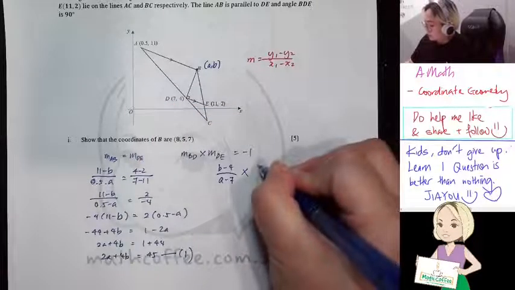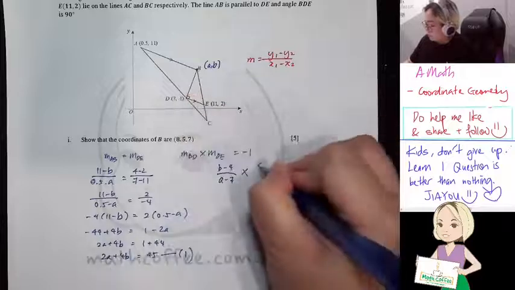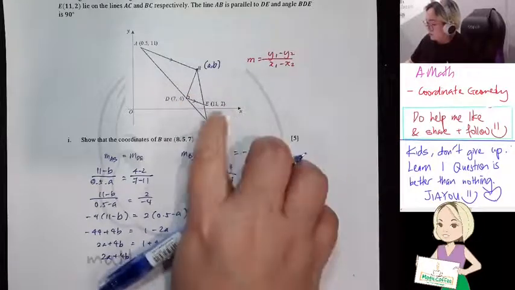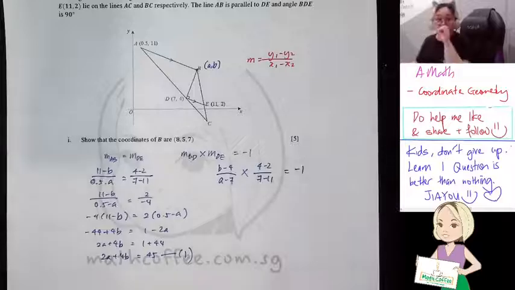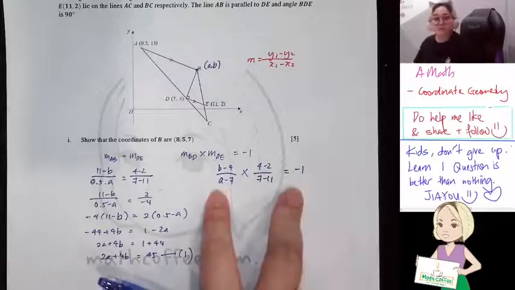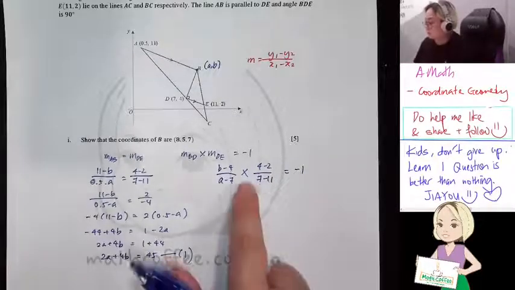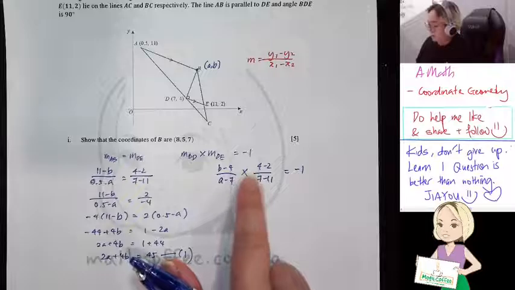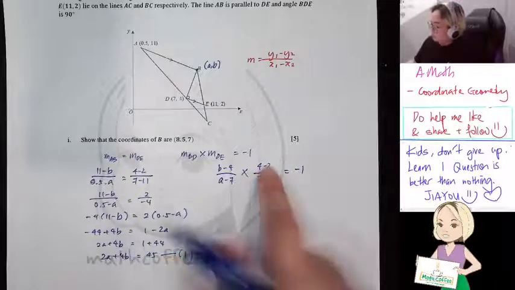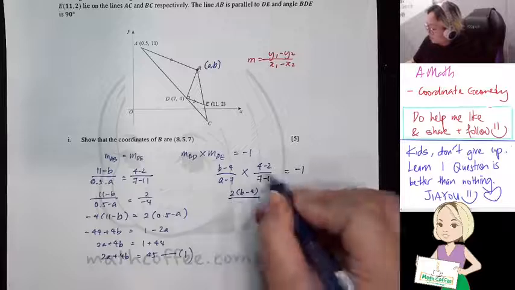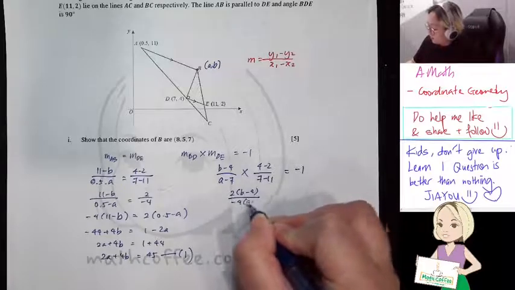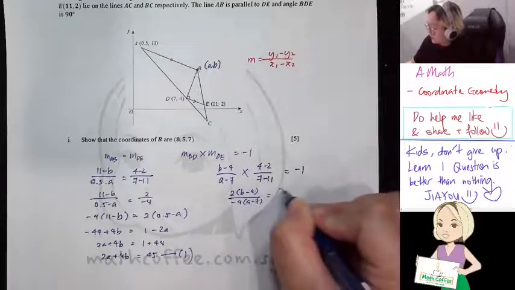So I will write (4 - 2) over (7 - 11) is equals to -1. So this is the second set of information, and we need to manipulate this. Take note, this is multiply, this is not plus. So this is 2. So it becomes 2 times (b - 4) over, this is negative 4, (-4)(a - 7) equals to -1 over 1.